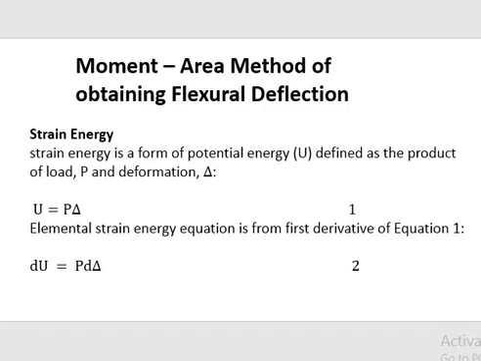If you differentiate this equation with respect to deformation and do rearrangement, you will get the element strength energy equation for the beam, as you can see on equation 2. dU equals P d delta.